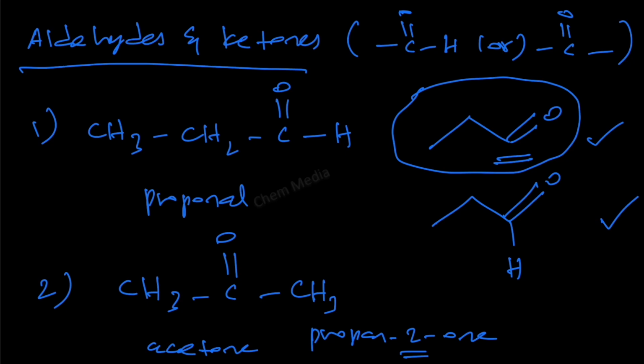We can simply mention it as propanone, because there is only one way you can number it, isn't it? Whether you number it from left to right or right to left, it would be one and the same. So therefore leaving this number 2 is completely okay, and mentioning it as propanone means that it is indeed acetone. And the corresponding structure in bond line notation for propanone would be this one.